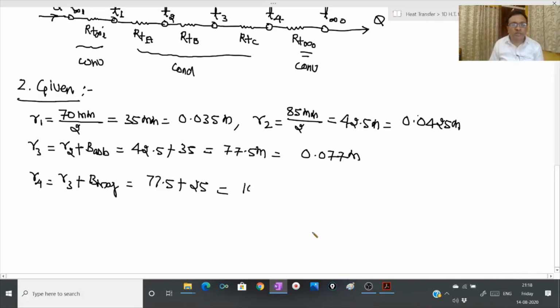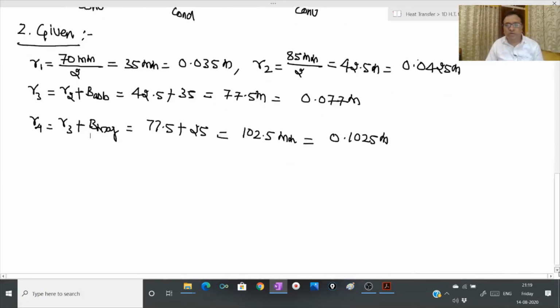So it comes out 102.5 mm, or 0.1025 meter. So we have found out all the radius values.